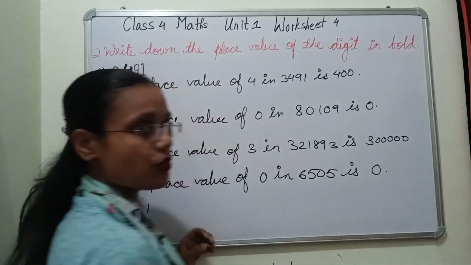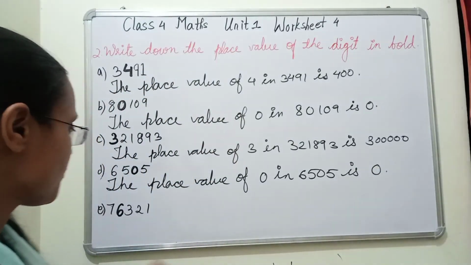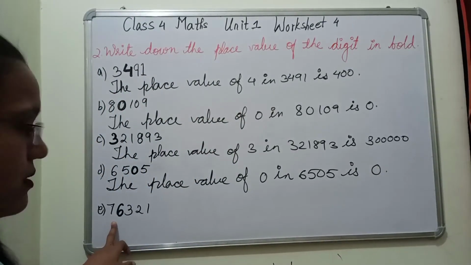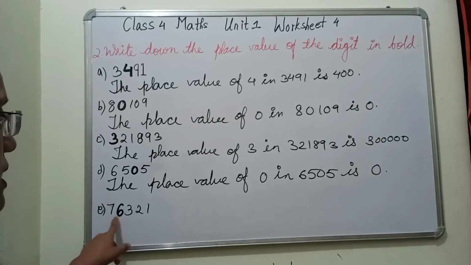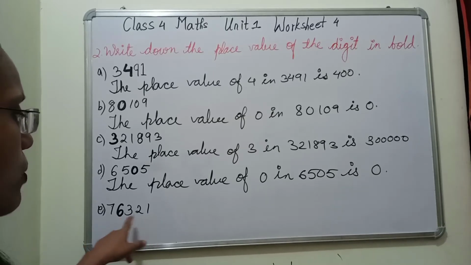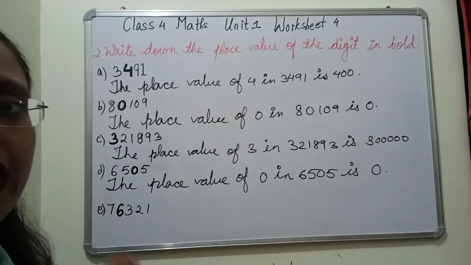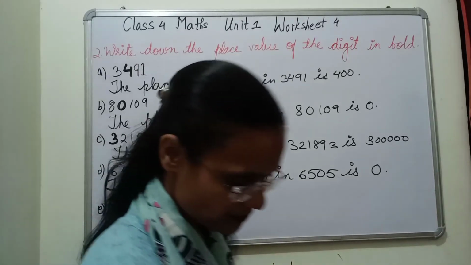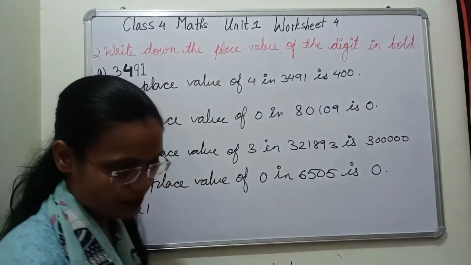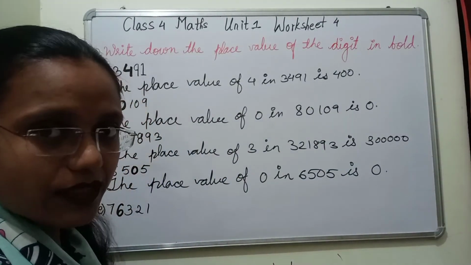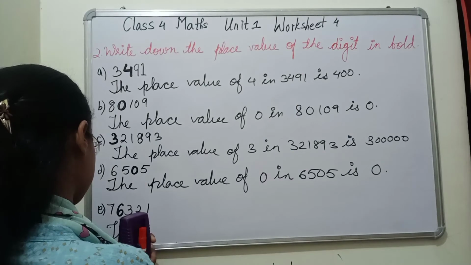It is 0 always. Here, the place value of 6 in 76,321 is 6,000. Shall I write it? Okay, let me write.